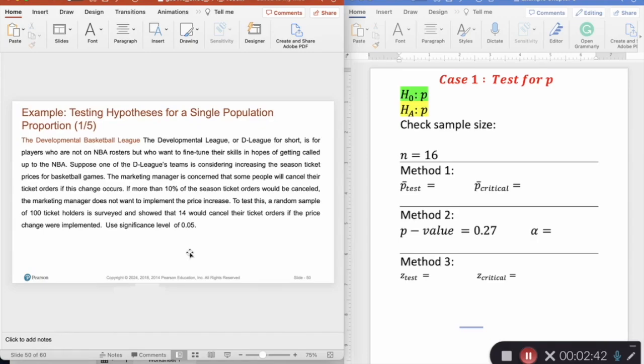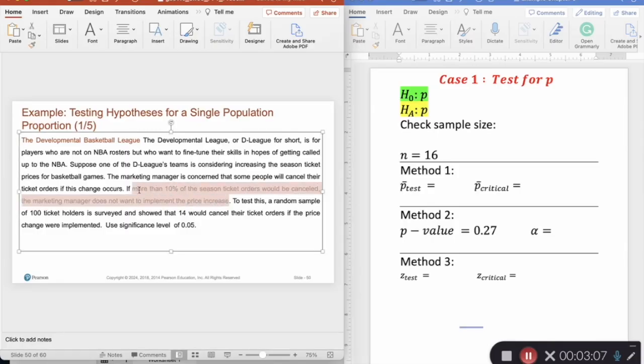The marketing manager is concerned that some people will cancel their ticket orders if this change occurs. If more than 10% of the season ticket orders would be canceled, the marketing manager does not want to implement the price increase. So this is an important piece of information.